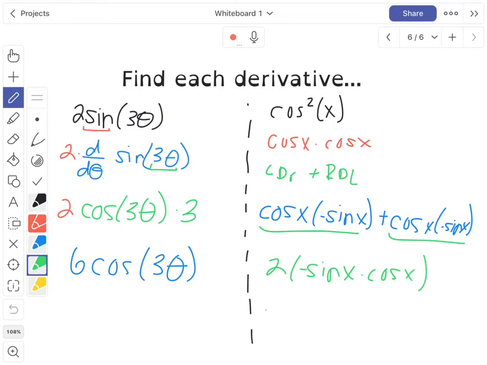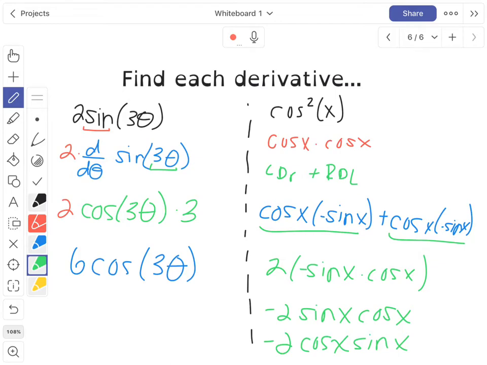We'll pull out that negative, so we have negative 2 sine of x cosine of x. Or of course, if you wanted to switch those around, that's fine too. So those are your examples for the trig identities.